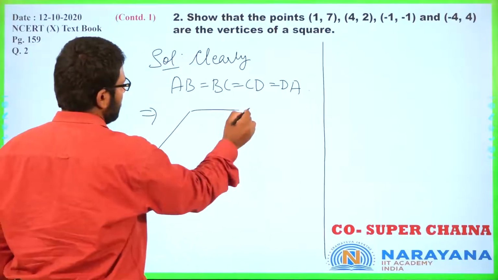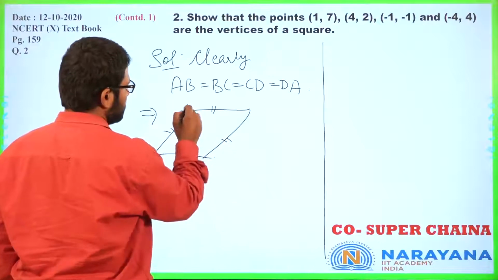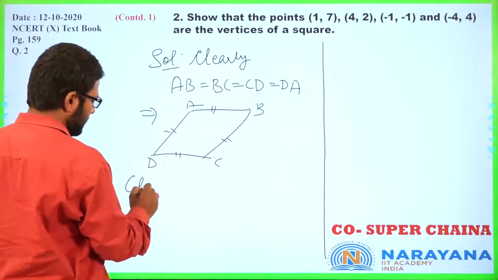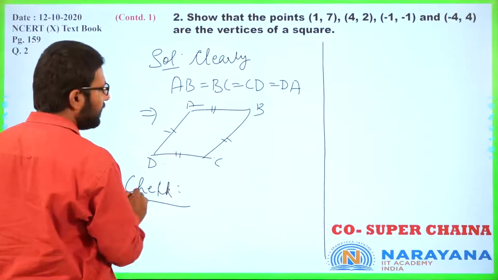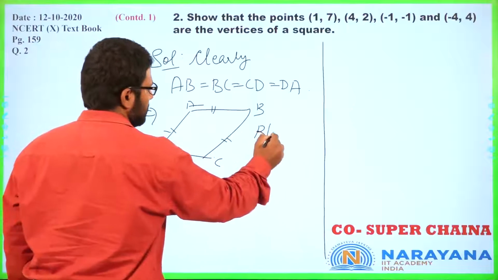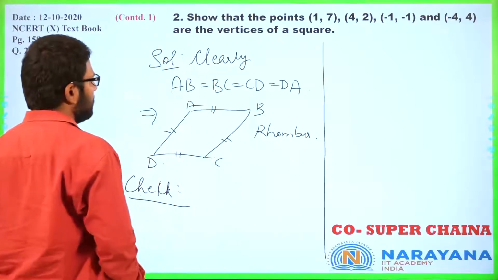Which means this has come up to a rhombus. Now we will check the diagonals. This only means it's a rhombus. Now check the diagonals.